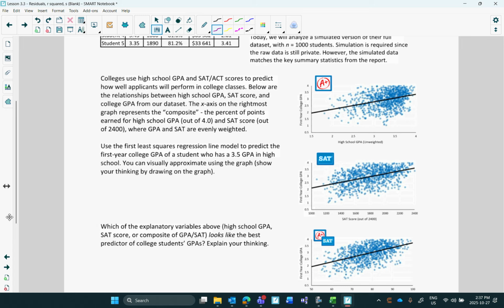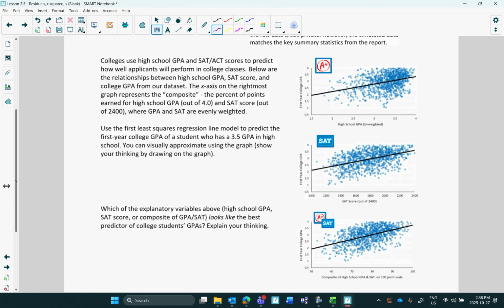Second was how they did on the SAT and what their college GPA was. And the third was, what if we made a combined mark out of how they did in high school and on the standardized test? Is that a good predictor? So we're trying to figure out what's the best predictor.